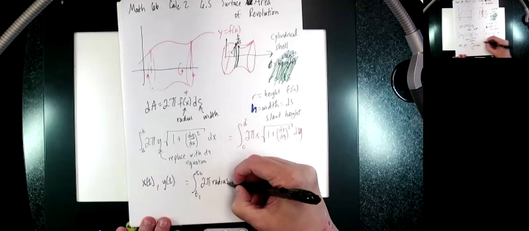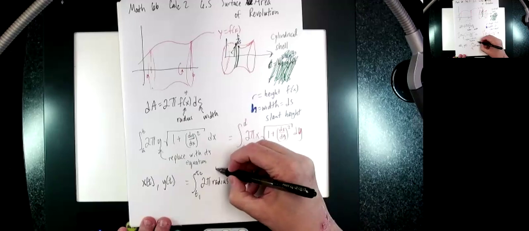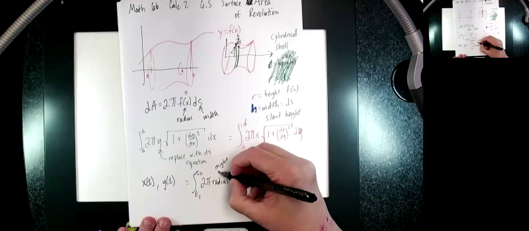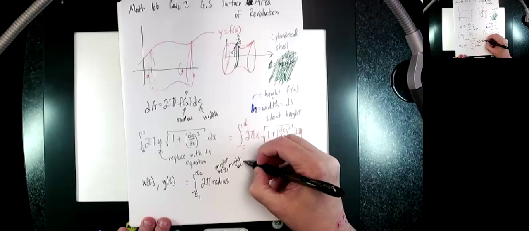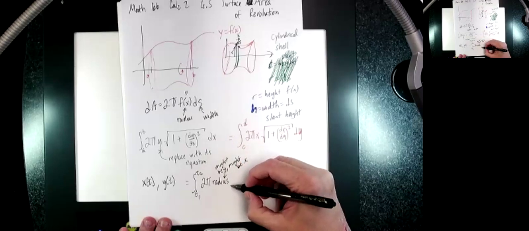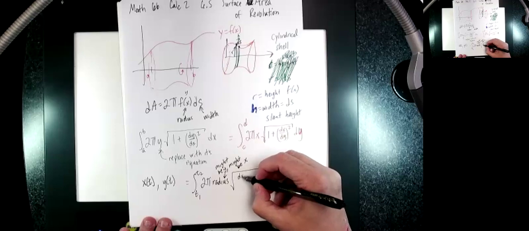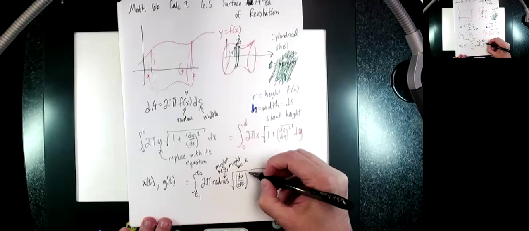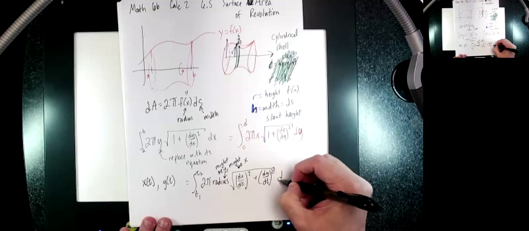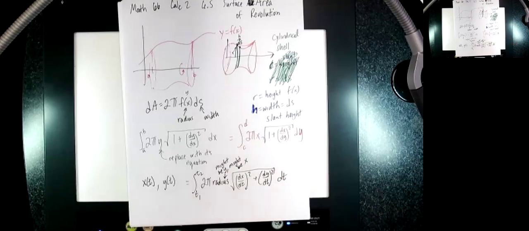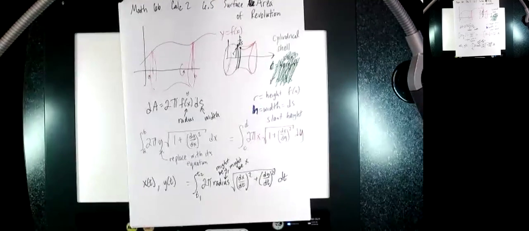I'm just going to say radius. Might be y, might be x. But then we have the square root of dx dt squared plus dy dt squared, dt, because this is our ds there. It's the same ds as in the last section.